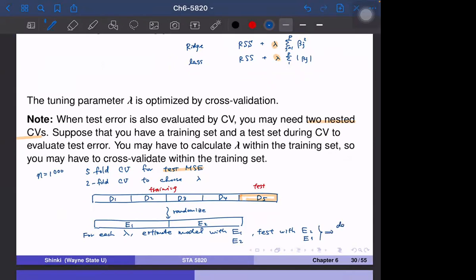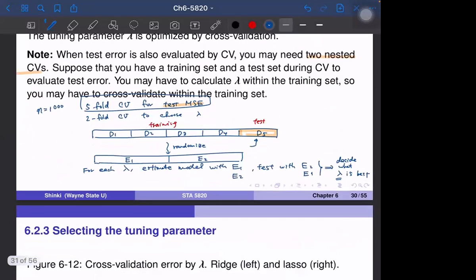Then we decide what lambda is the best. After we determine lambda, we can estimate the model, then test with D5. Then we repeat this 5 times to evaluate the 5-fold cross-validation. So it's a little more complicated, right?